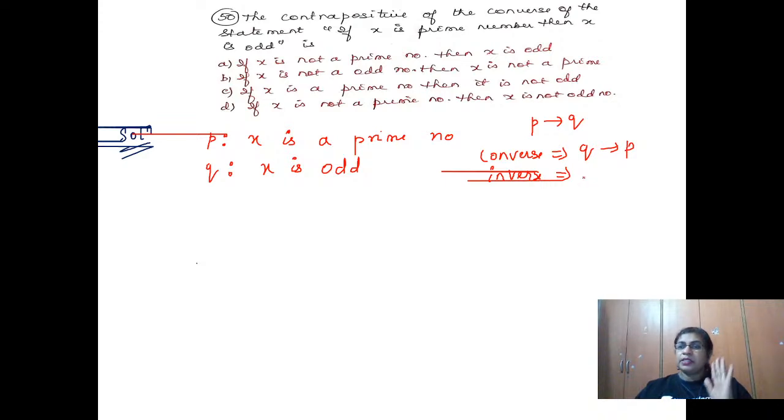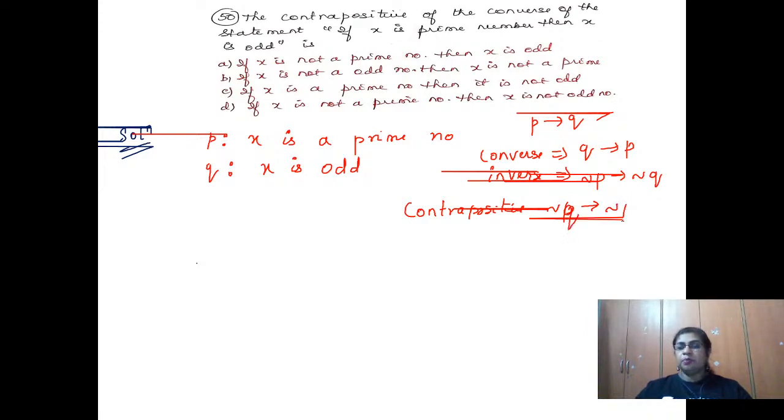That is the inverse, so negation P implies negation Q. And contrapositive means, whatever inverse you have done, take its opposite, reverse it. So negation Q implies negation P.